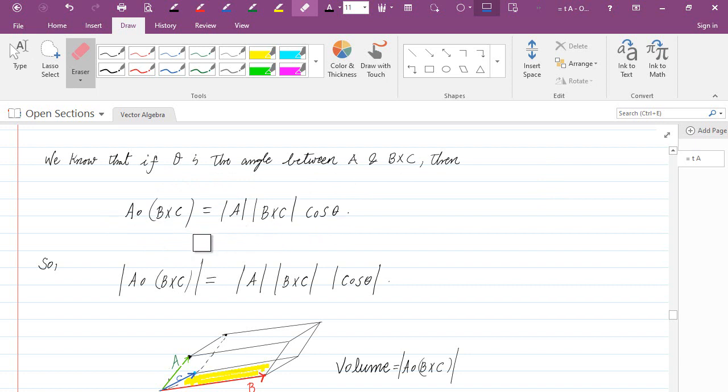So as a result, we can say that the absolute value of the scalar A dot B cross C is equal to the length of A, length of B cross C times the absolute value of cosine theta.